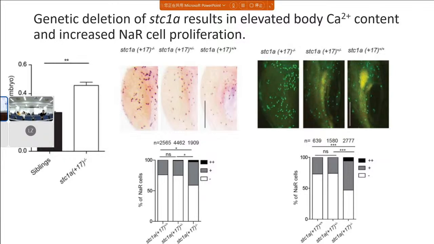Next, to examine the possible change in the NaR cell, the authors performed fluorescence labeling of the NaR cell in the heterozygous, homozygous, and wild type. STC1A homozygous mutant fish have significantly more NaR cells than other fish. You can see the cell is more. This one and this one.